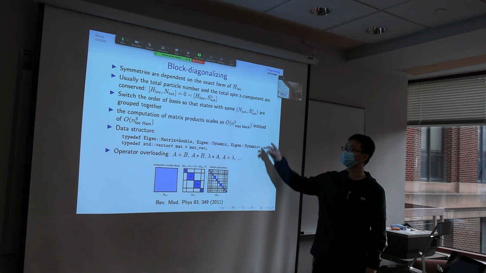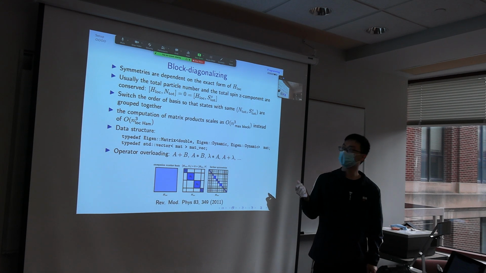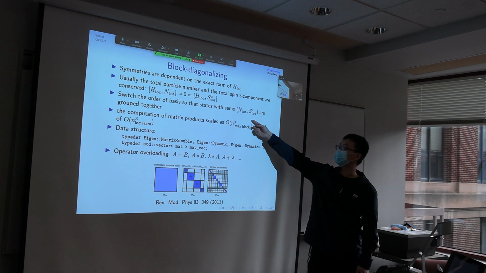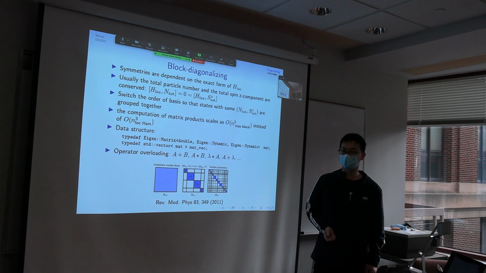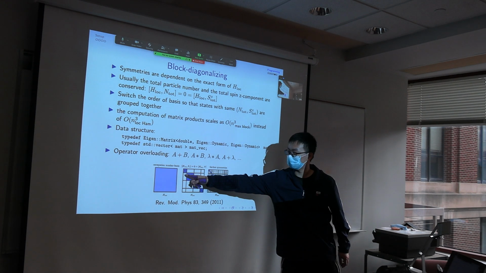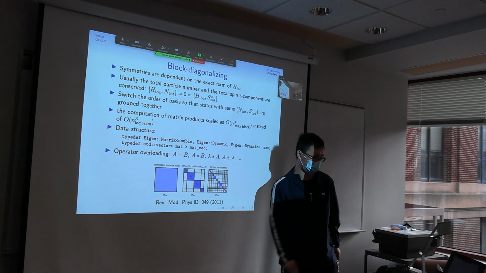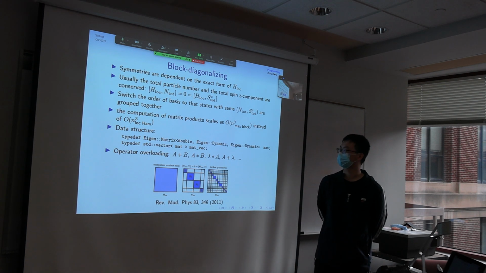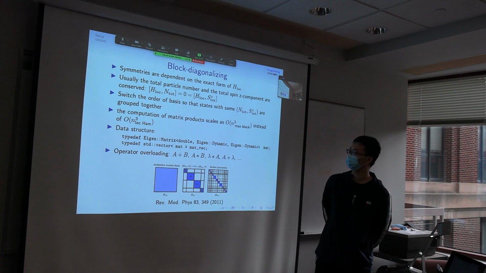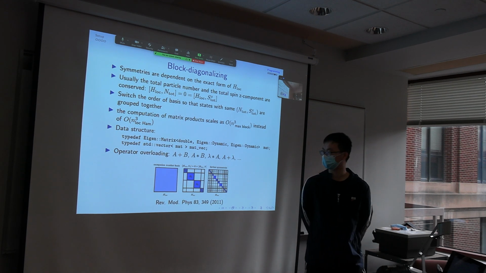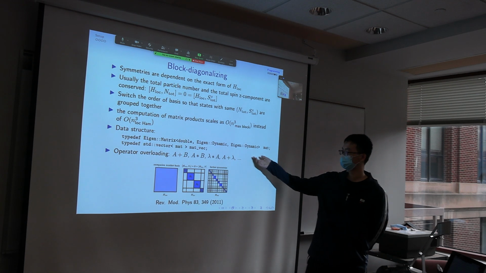So what we need to do is switch the order of the bases so that states with the same N and S_z are grouped together. After that, each local matrix is block diagonalized, and it should be faster than before.